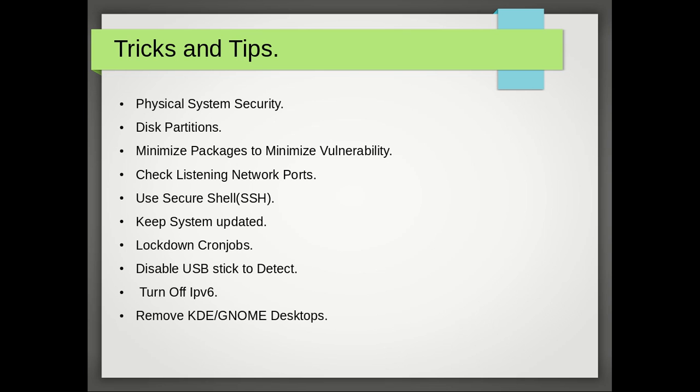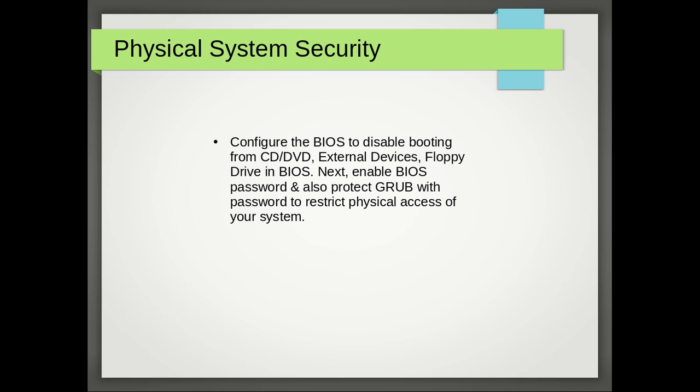There are multiple security tricks and tips available online, but I'll be listing just a few of them: physical system security, partition security, minimizing the packages to minimize the vulnerability, checking the listening network ports, using the secure shell, keeping the system updated, locking down the cron jobs, disabling USB sticks detection, turning off IPv6 support, and removing KDE or GNOME desktops. So let's go to physical system security.